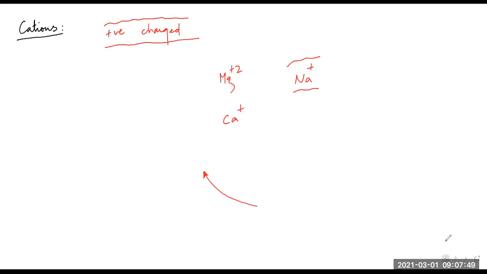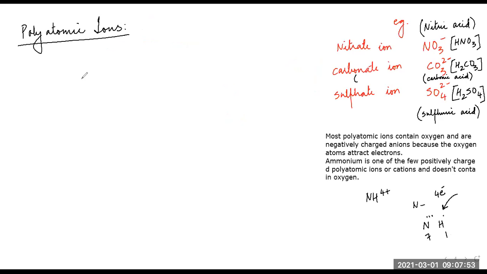And then after this, what is important is polyatomic ions. As in the definition, students, we had seen that atoms or groups of atoms, that is molecules, when they lose or gain electrons, they become charged. So we have discussed anions and cations. In that case, atoms are losing or gaining electrons.